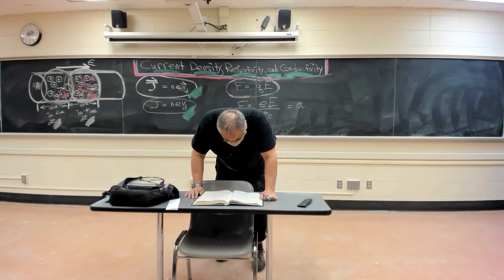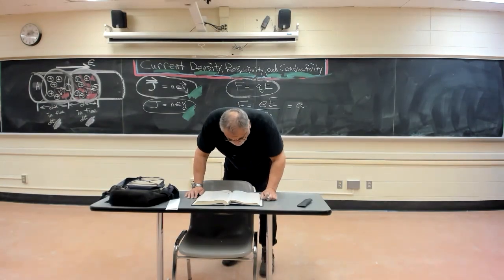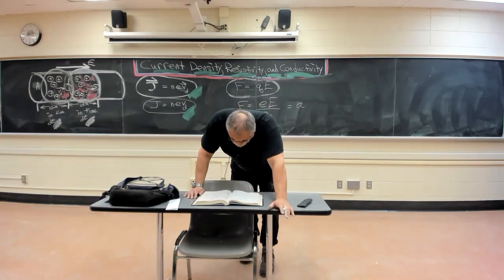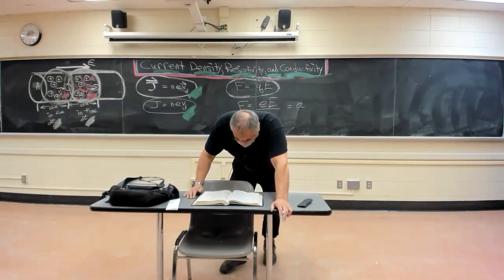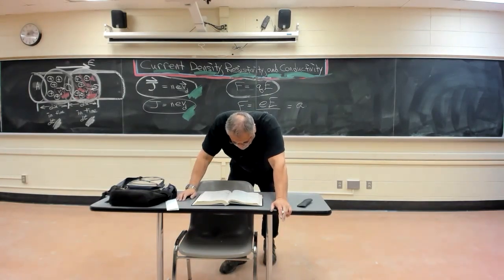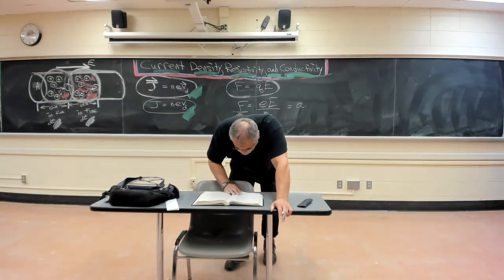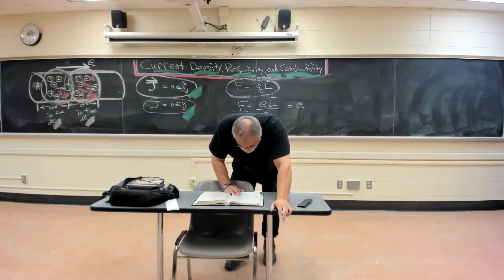We can ask how fast this thing is going between collisions. They're going a little different on this whole thing here, guys, but we're not going to really do that. They have a term for this, and I can't find it.